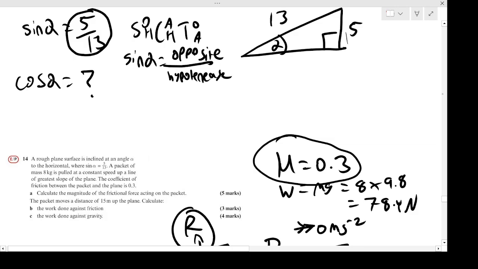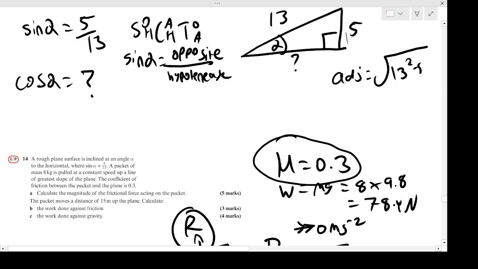If I now do some Pythagoras, I can work out this adjacent. The adjacent is going to be the root of 13 squared take away 5 squared. That's going to get me 12. So hopefully you're happy with how we got to this triangle.